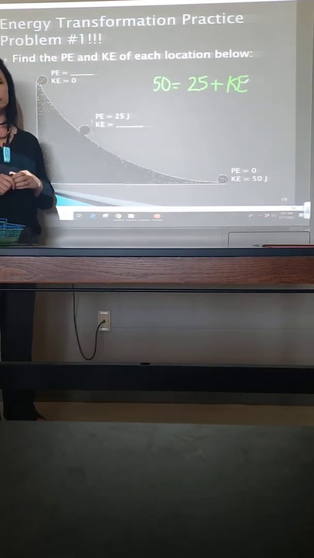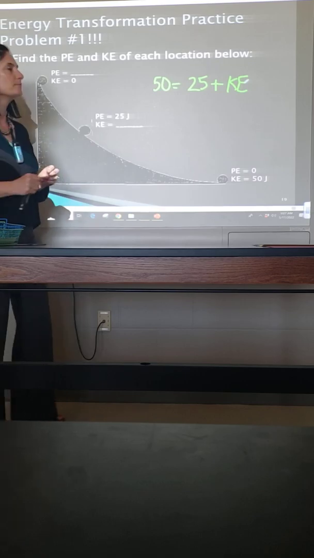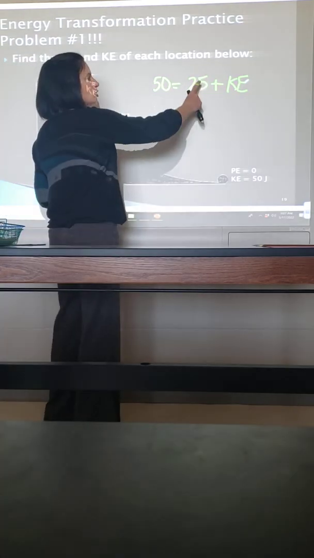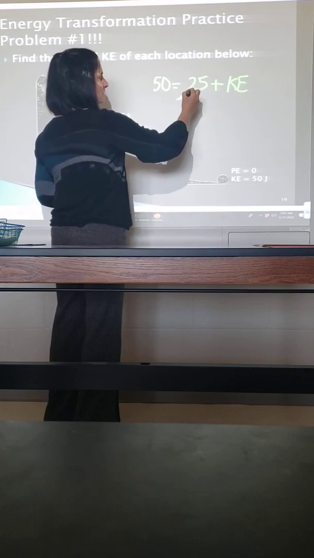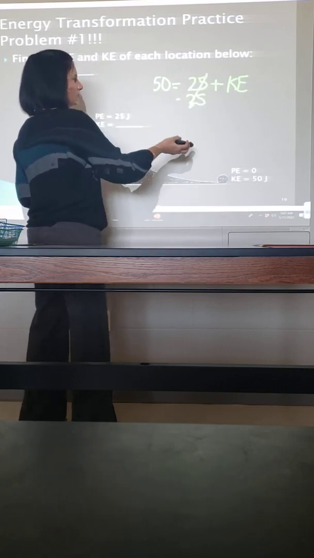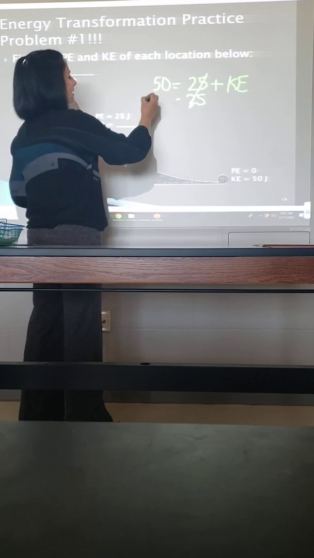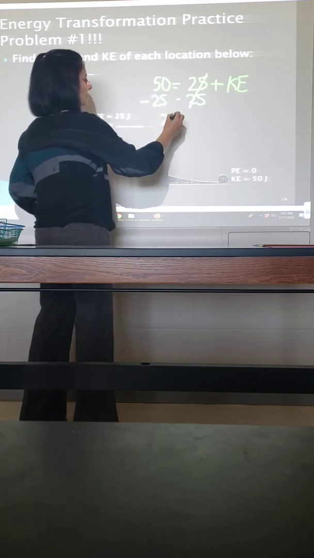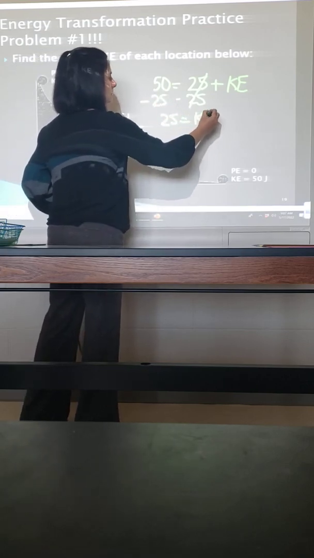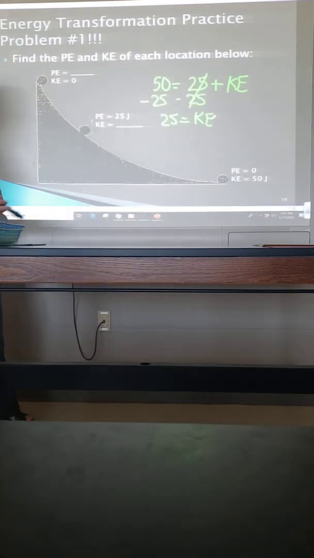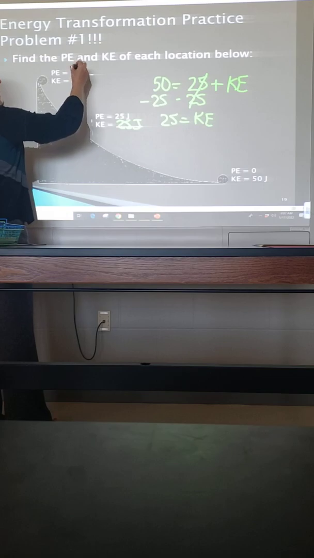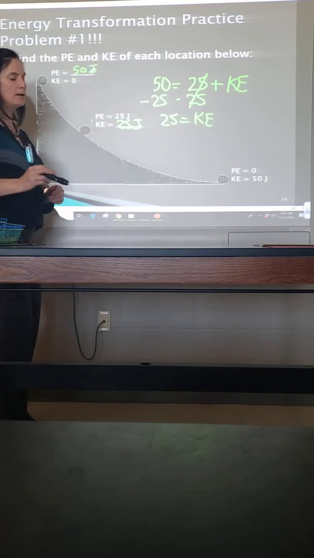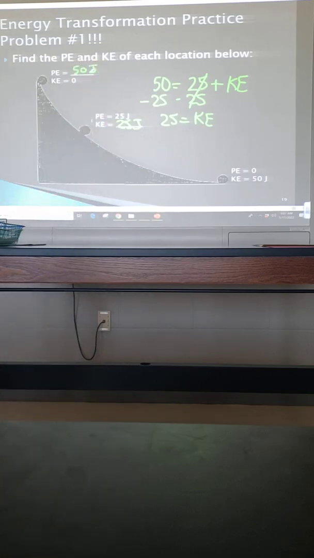Subtract the total by what we already have. Perfect. It's adding, so the inverse would be subtraction. So 50 minus 25 is 25, and that turns to 0 over here, and we get 25 equals kinetic. So we fill in our 25 joules here, we fill in our 50 joules here, and that completes our problem.